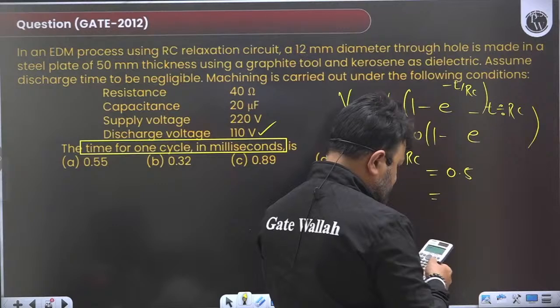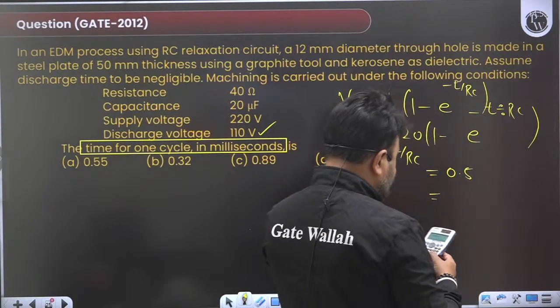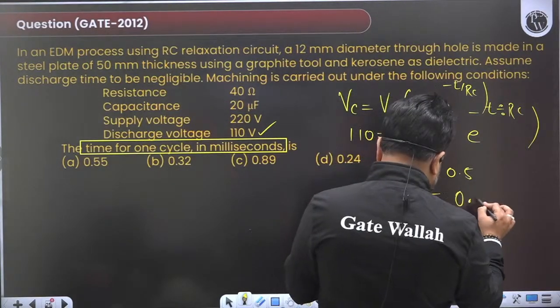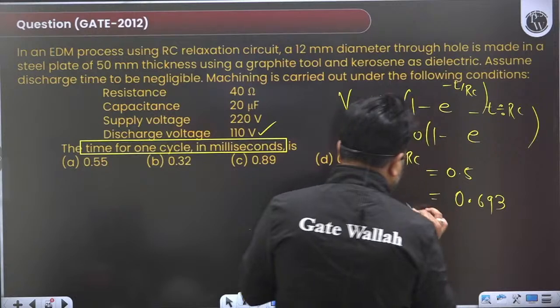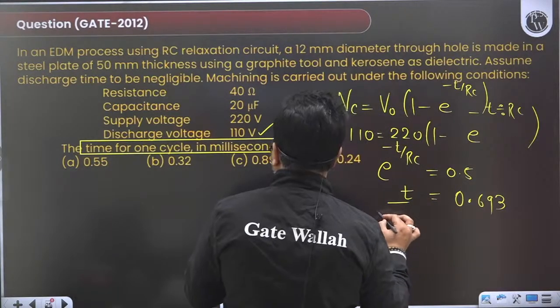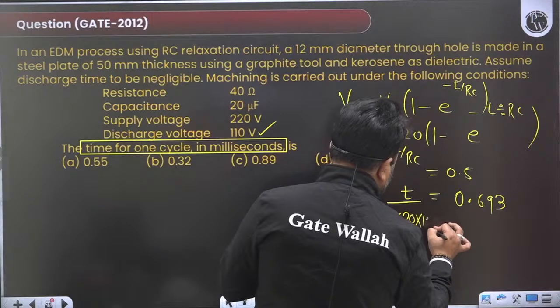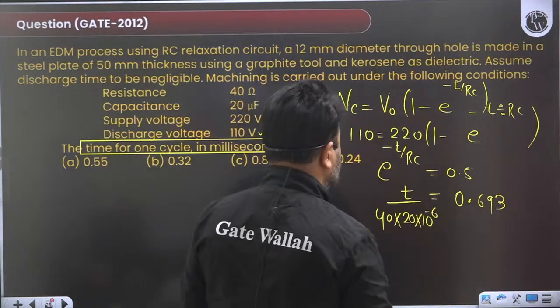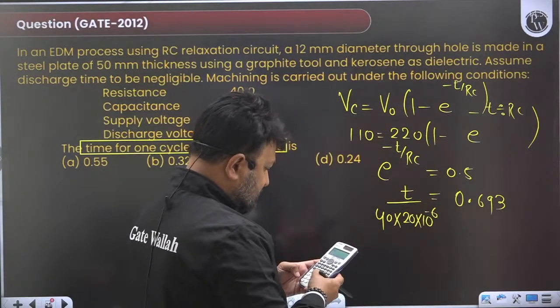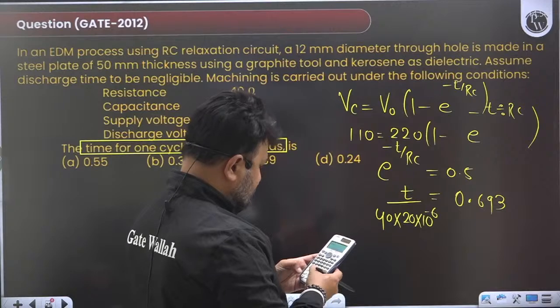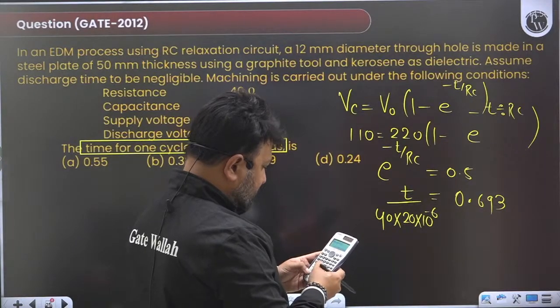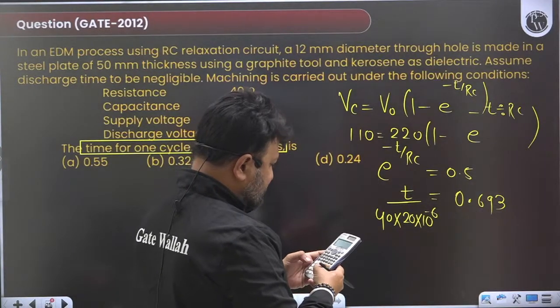If you take ln on both sides, then 0.693 equals t by R C, that is 40 into 20 into 10 to the power minus 6. So answer into 40 into 20 into 10 to the power minus 6.